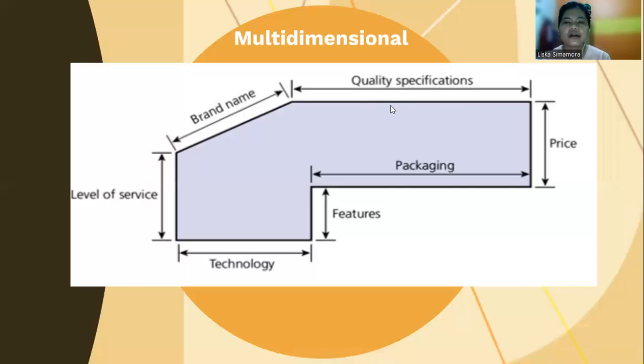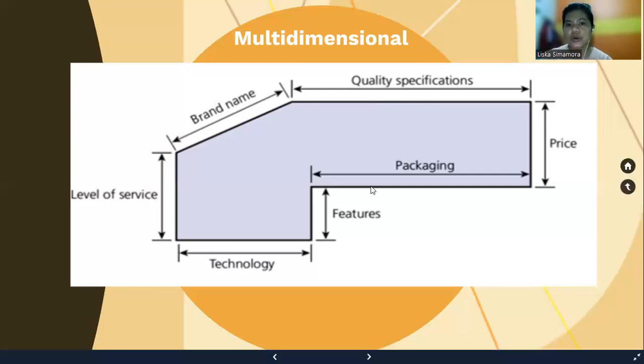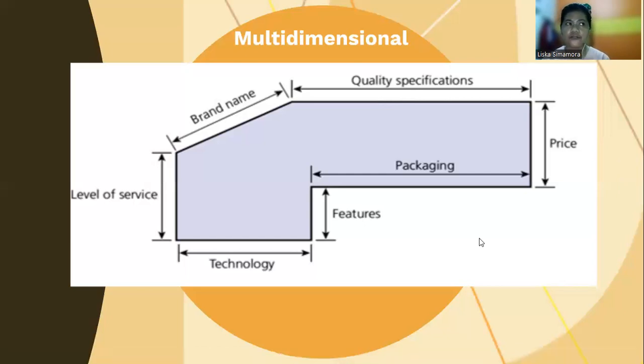Maybe at first you only offer one variety of flower, but after 1 year or half a year, you add more specifications, you add another variety, and also you add another toolkit to grow the flower.